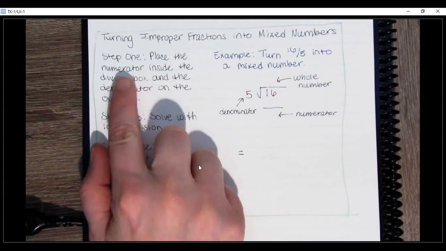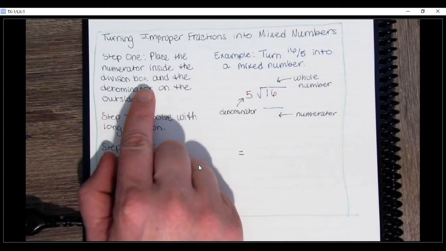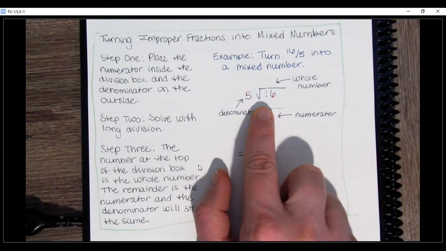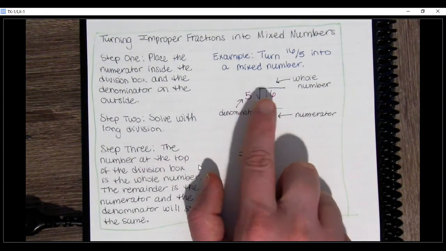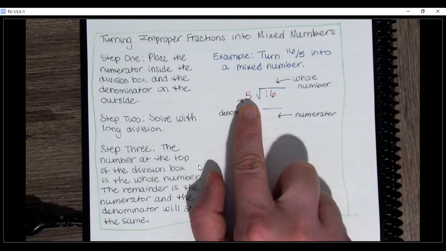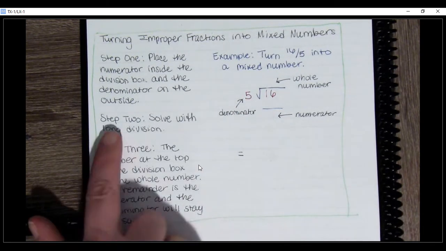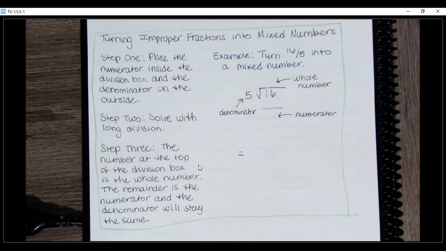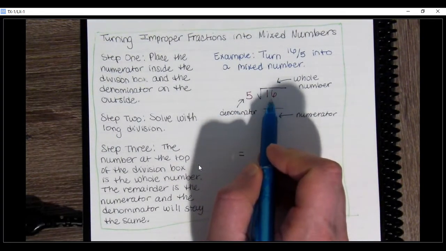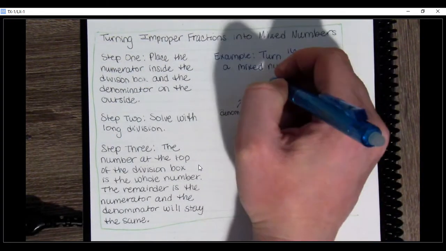Step 1, place the numerator inside the division box and the denominator on the outside. We have to do division for this skill. So my numerator is going on the inside and my denominator is going on the outside. From there, we have to solve with long division. Okay, we can definitely do that. We have been practicing it, and we can practice it even more. 5 goes into the number 16 3 times.